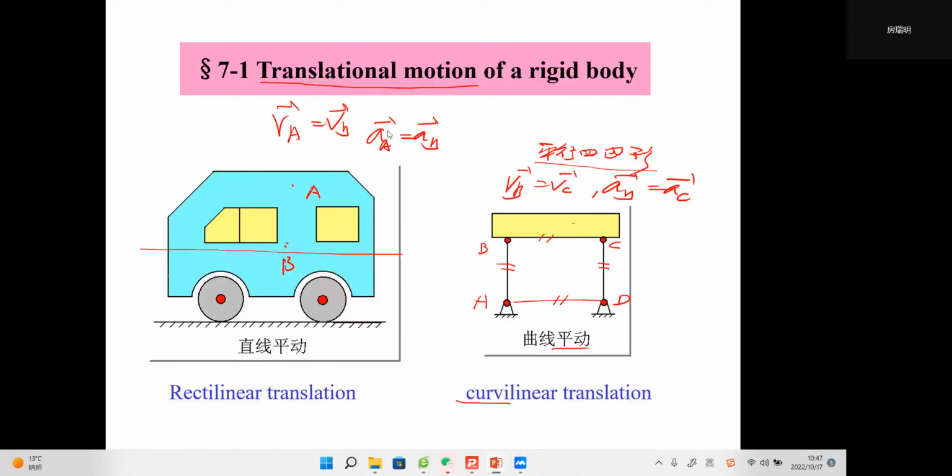The other thing is, when a rigid body has a translational motion, it does not mean it must always move along a straight line.